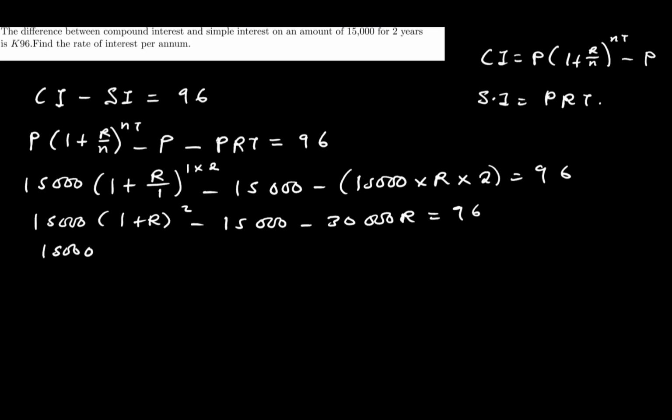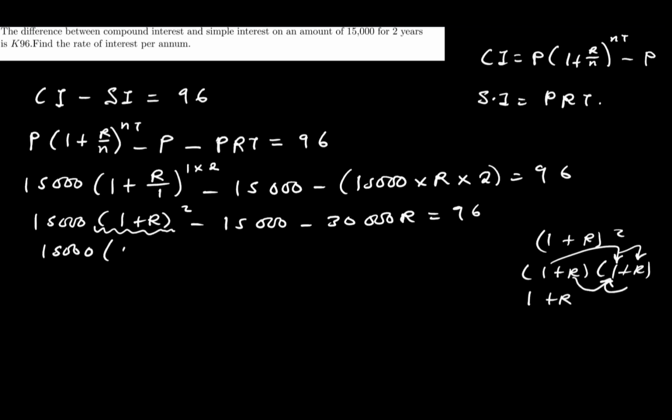15,000 times, if we expand this, we know that 1 plus R squared can be expanded as 1 plus R multiplied by 1 plus R. We expand everything first, and we have 1 plus R, then R has to expand everything again, then we have R plus R squared.